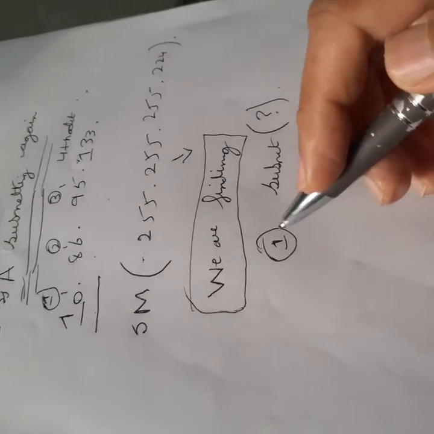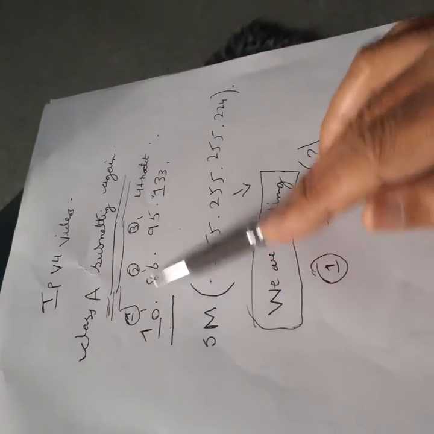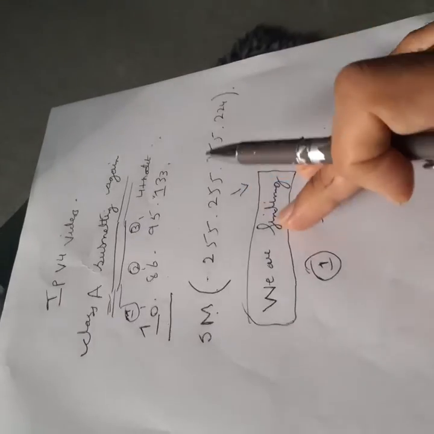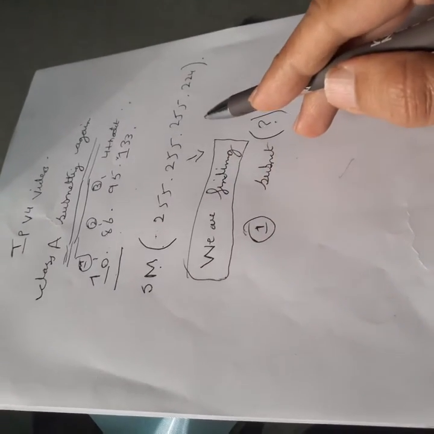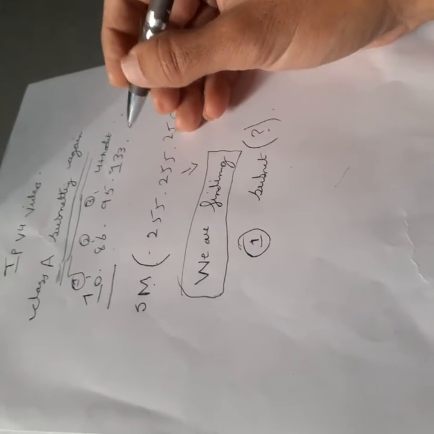So now, what will be my plan of action? I've got an IP address, and I have got a subnet mask as well. When we don't have a subnet mask, then usually we'll have a slash notation on the side.